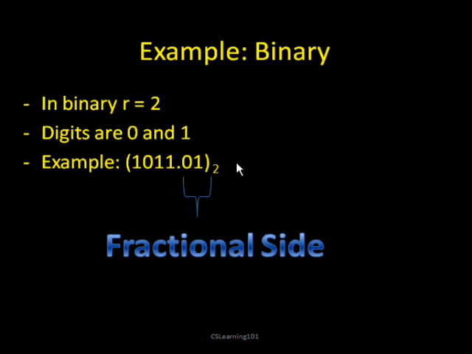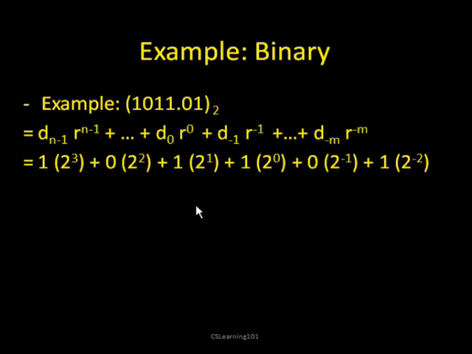Well, if we use the formula we just talked about, you would have 1 times 2 to the power of 3, and then 0 times 2 to the power of 2, then 1 times 2 to the power of 1, and 1 times 2 to the power of 0.